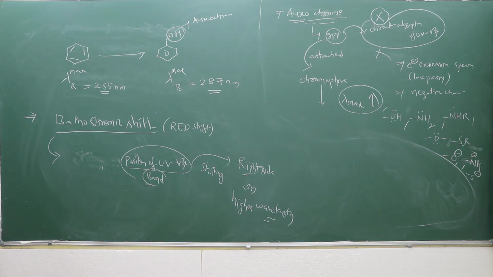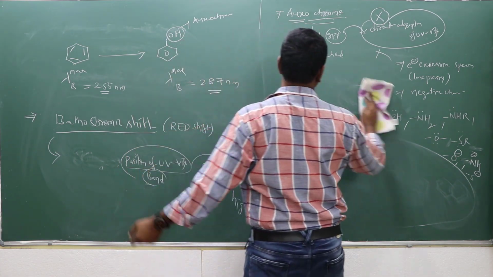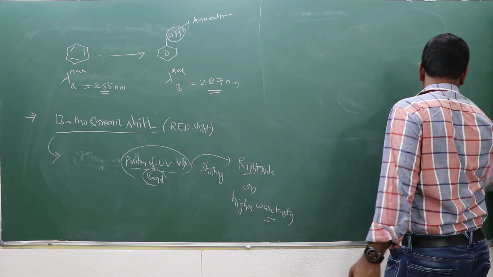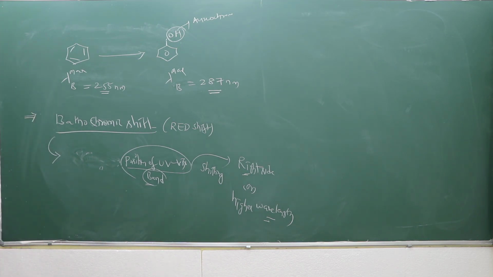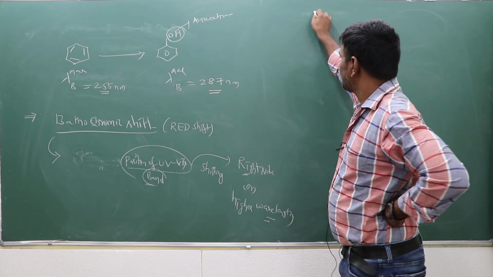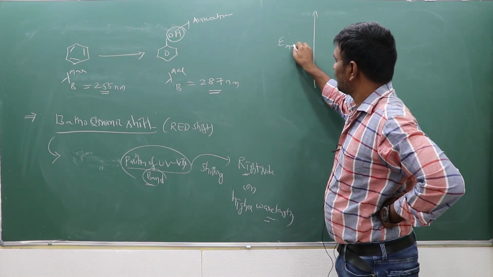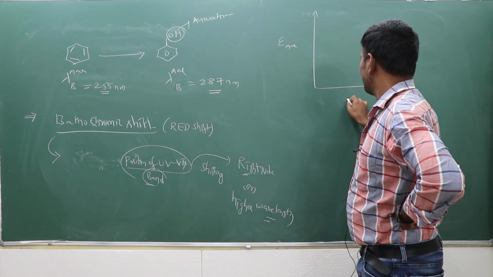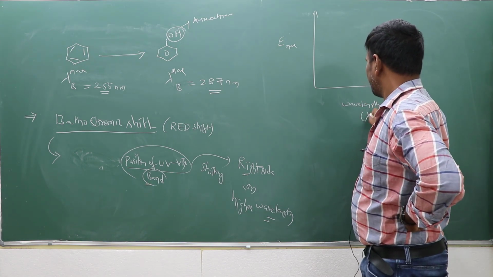Suppose I mention the above example, in the case of the aromatic chromophore of benzene, what will happen? 255 to 287 nanometers. This is related to the epsilon maximum or log 10 epsilon maximum, the intensity, and this is the wavelength, lambda.